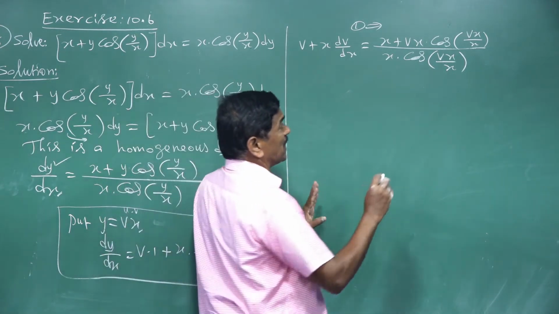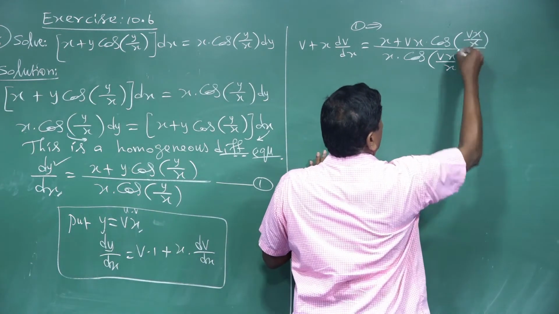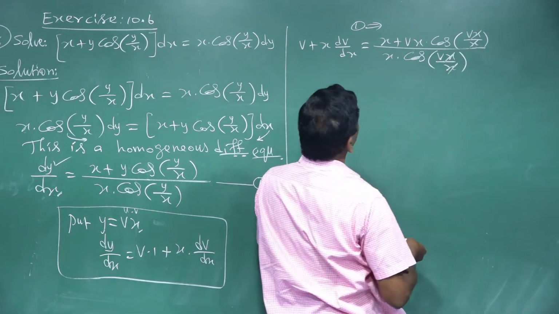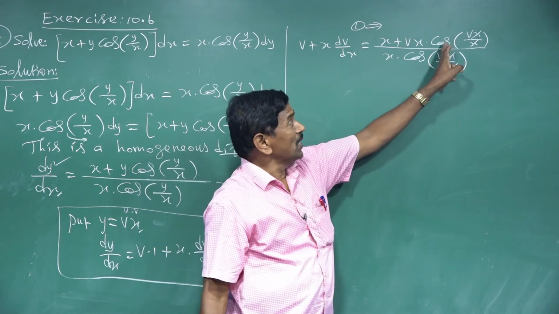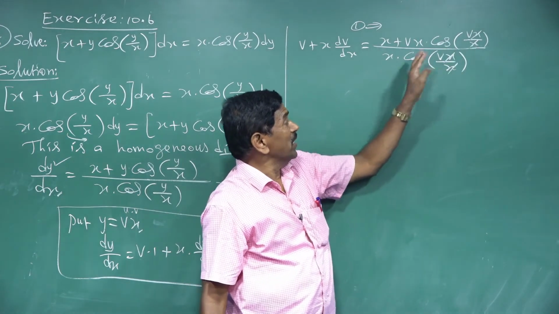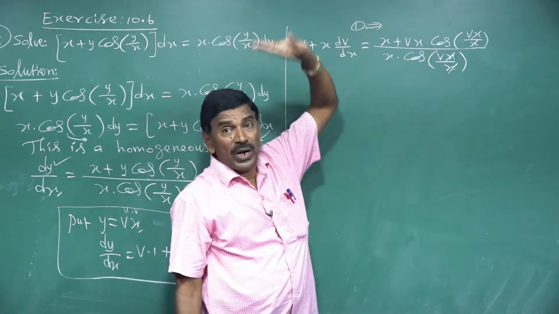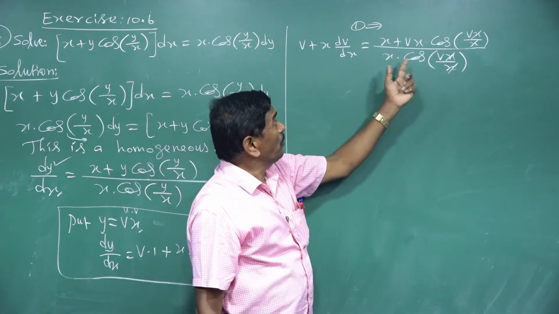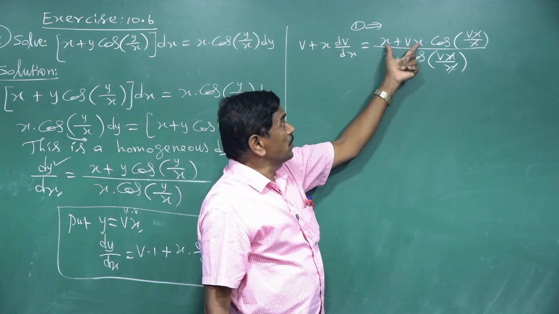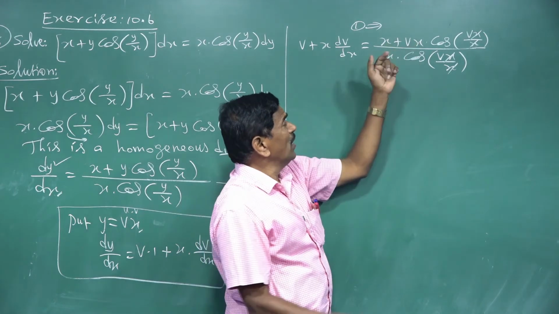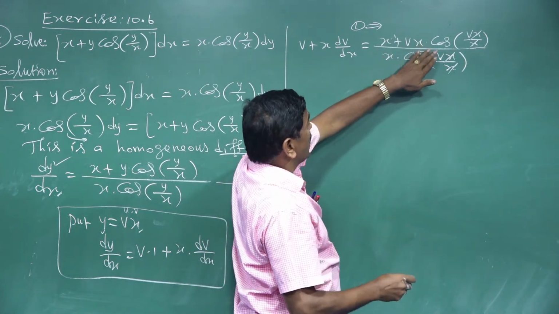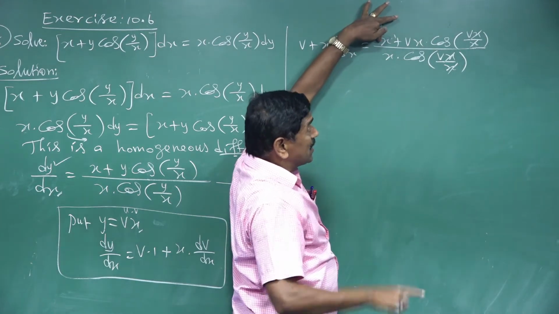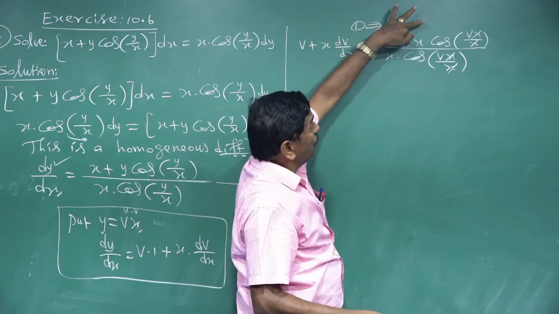Yes, the simplification is that x cancels in the cos ratio, so what remains is cos v. From the numerator, x is present in two places, so x is common. Taking x common from the numerator, we get x into 1 plus v into cos v.